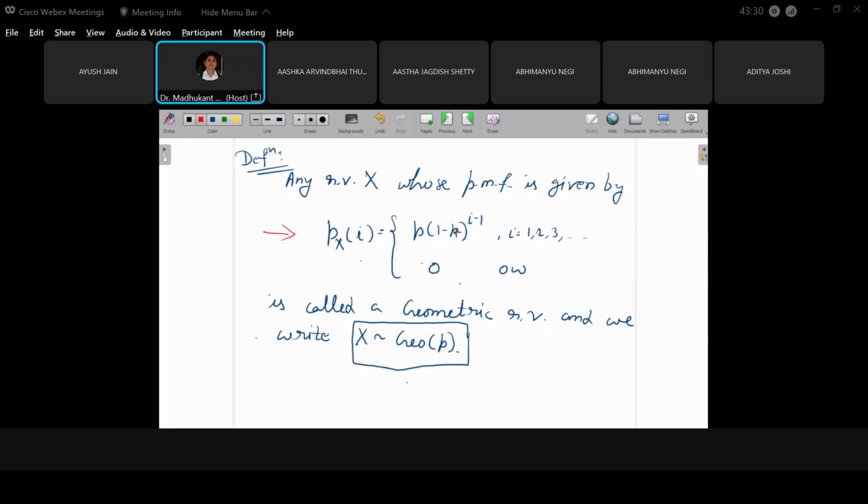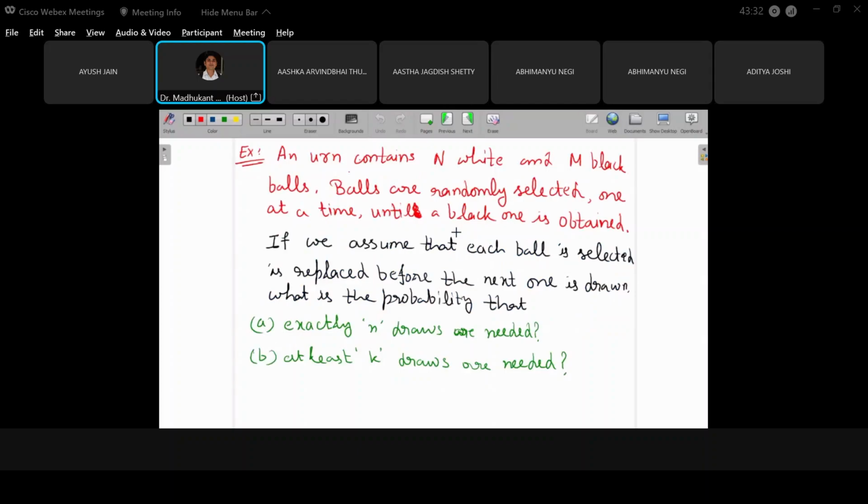Okay, right. Now the following question is there, and I think it will not take much time. You have an urn which contains n white and m black balls. Now balls are randomly selected one at a time until a black one is obtained.